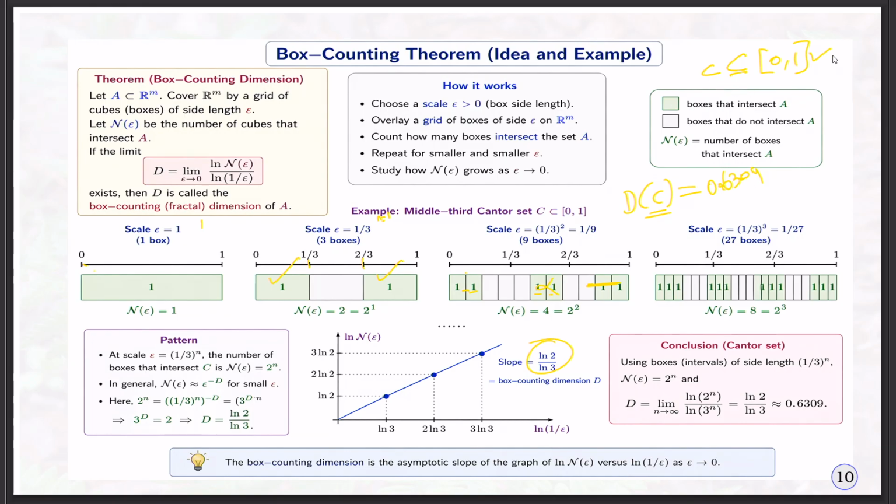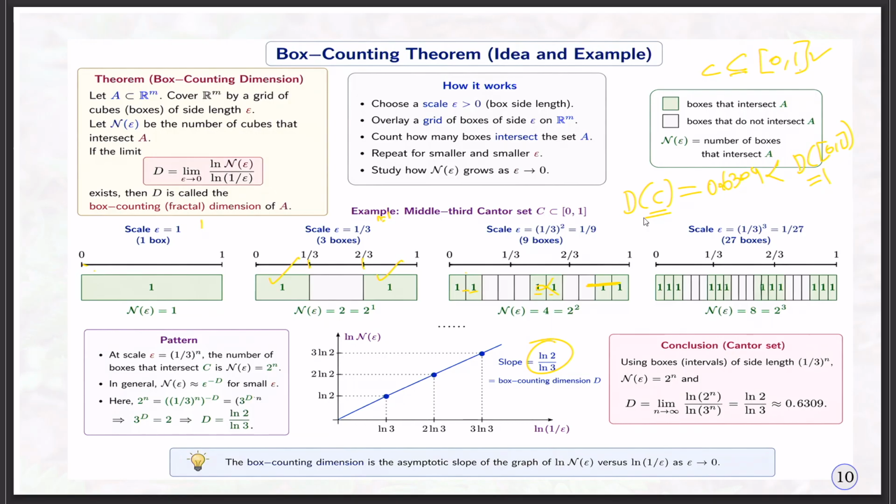The box counting dimension of 0 comma 1, with respect to the Manhattan metric as well as the Euclidean metric, is equal to 1, which is strictly greater than the dimension of the Cantor set. The embedded space is 0 comma 1, more precisely the real number system.